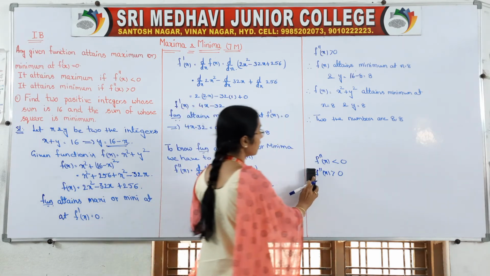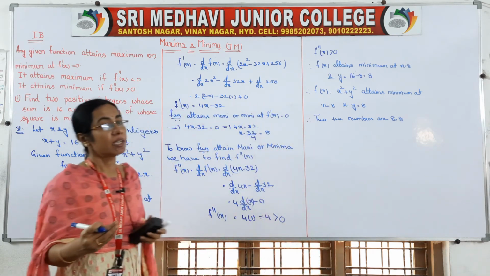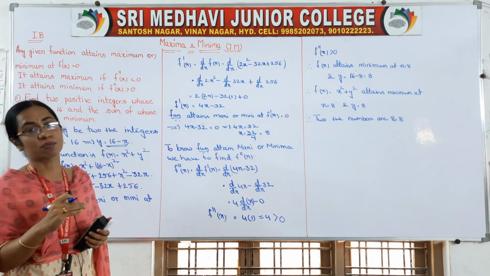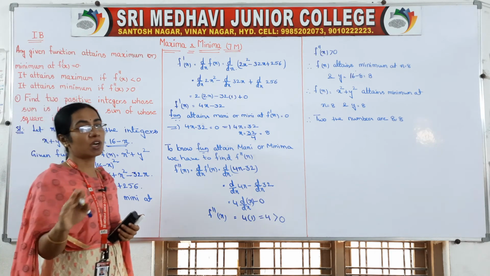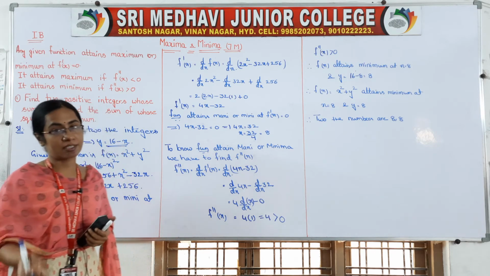At this x value, first we have to find f double dash x. Wherever x is there in that equation, substitute x is equal to 8. We get positive means it attains minimum, negative means it attains maximum.